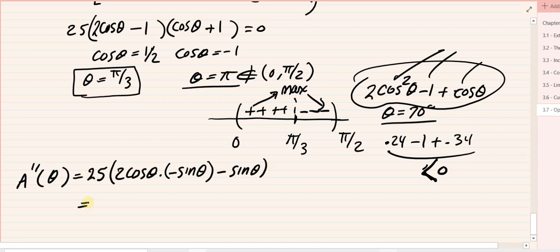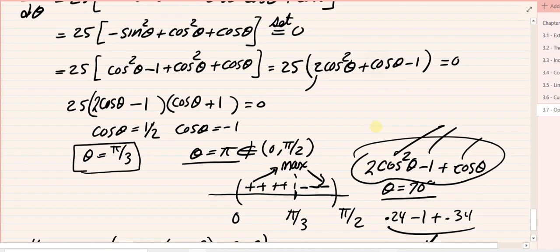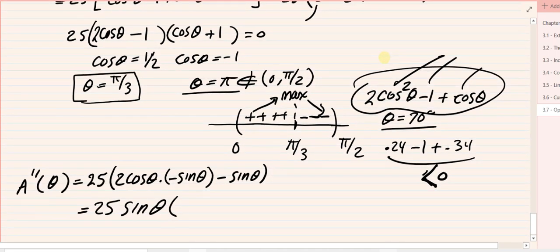Okay, so if I simplify this one now, I can factor sine theta out, right? So it's going to be 25 sine theta times, so I had 2 cosine squared theta, right?